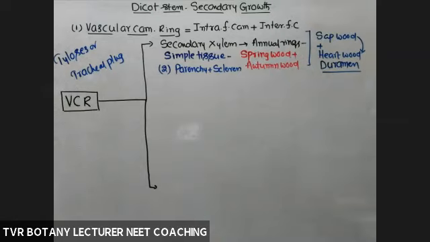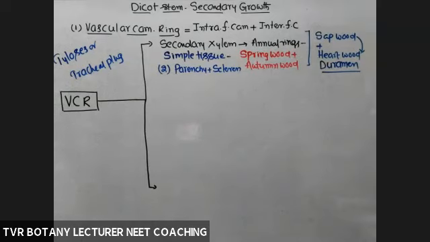For example, teak wood. Teak wood is highly durable. No pest or insect is able to damage teak wood. Reason, the duramen has a number of kinds of pesticides, insecticides, and other metabolites, alkaloids. They are able to kill the concerned insect or pest. So that's why the heartwood part is highly durable.